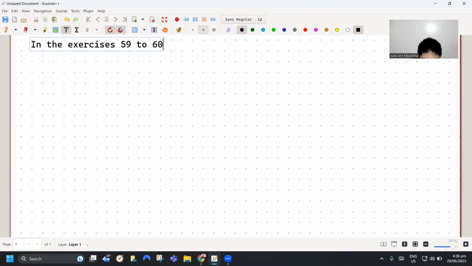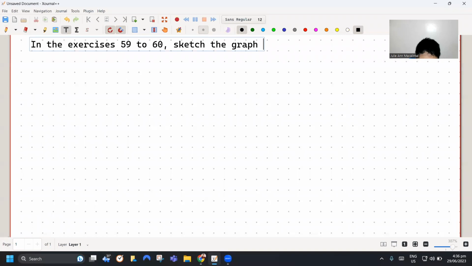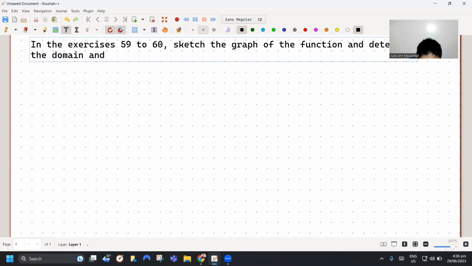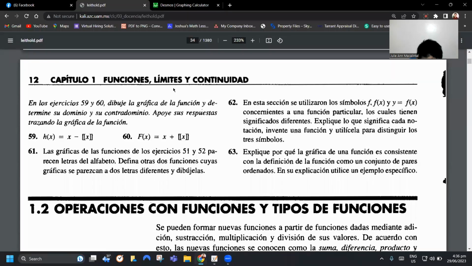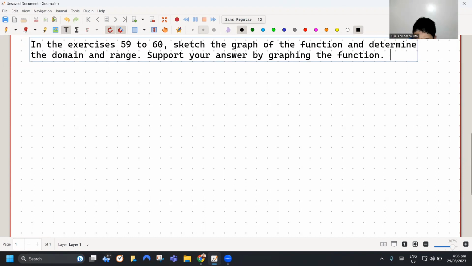Get the graph by plotting the graph of the function. Okay. So 59 lang.